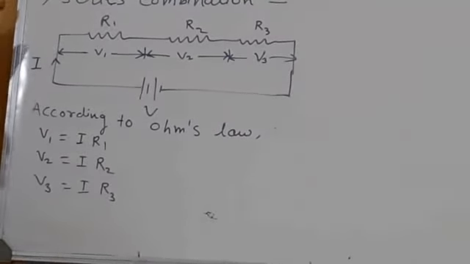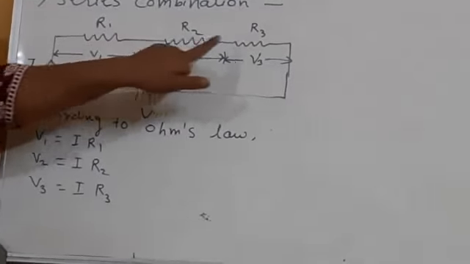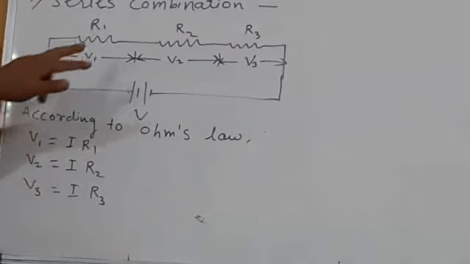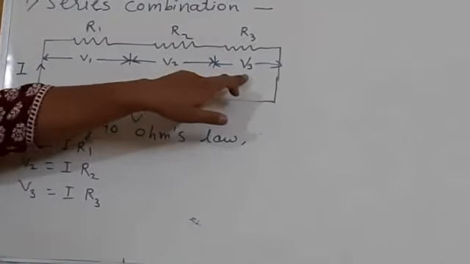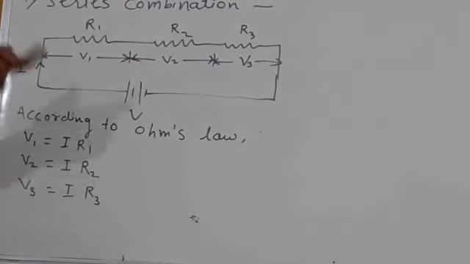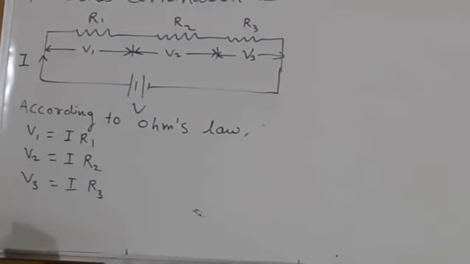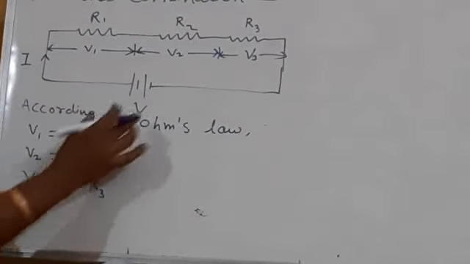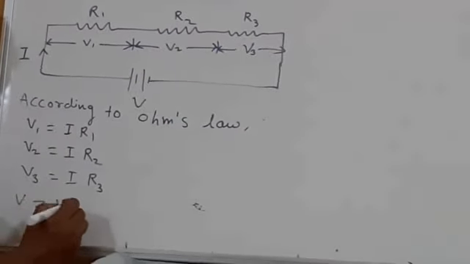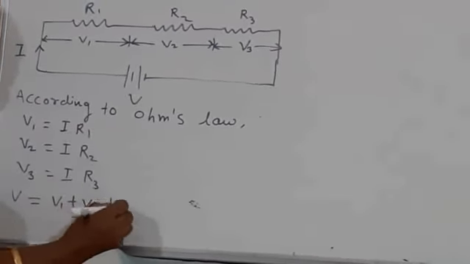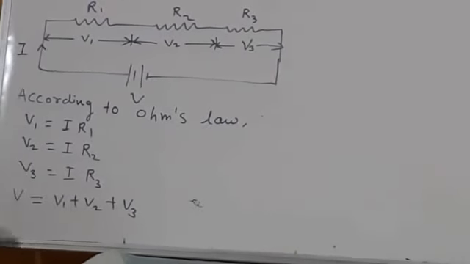This means in series combination the same current flows through all the resistors, but the potential developed across each resistor is different. From the concept of potential difference, we can say that total potential applied is equal to V1 plus V2 plus V3. So substitute the values here.